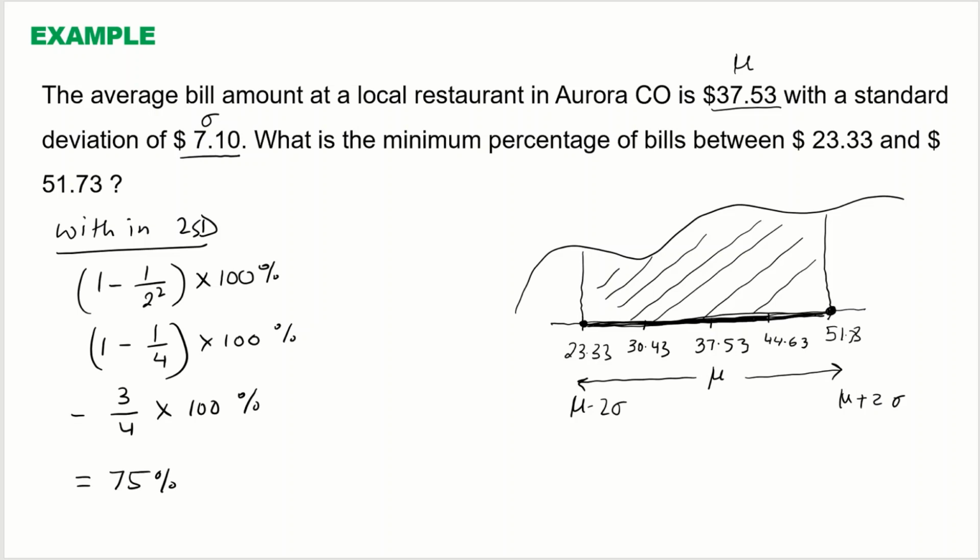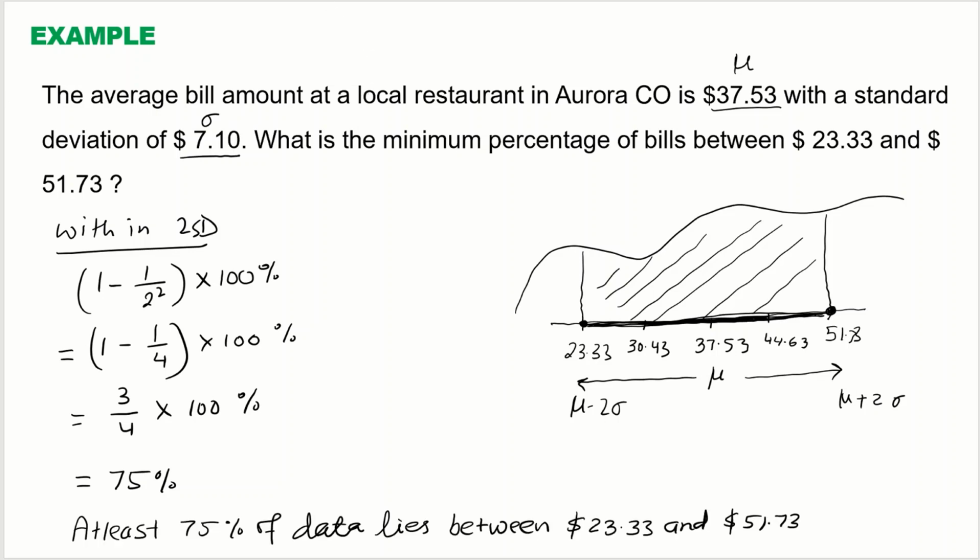So we have a minimum of 75% of the data that lies between $23.33 and $51.73. So you can say at least 75% of the data lies between $23.33 and $51.73. So this example illustrates the application of Chebyshev's theorem.